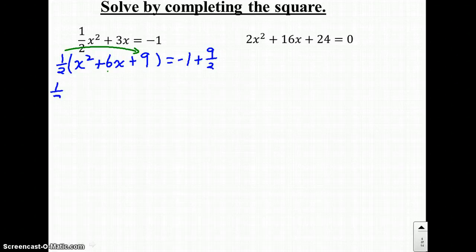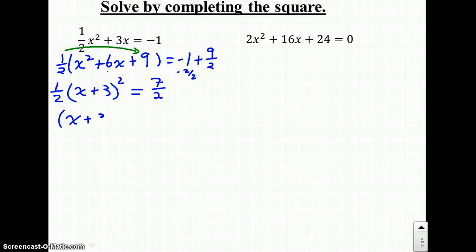I can now factor my perfect square trinomial as x plus 3 all squared. And negative 1 is the same as negative 2 over 2, so I'm left with negative 2 halves plus 9 halves, which is 7 halves. Now the opposite of multiplying by half is dividing by half or multiplying by 2.